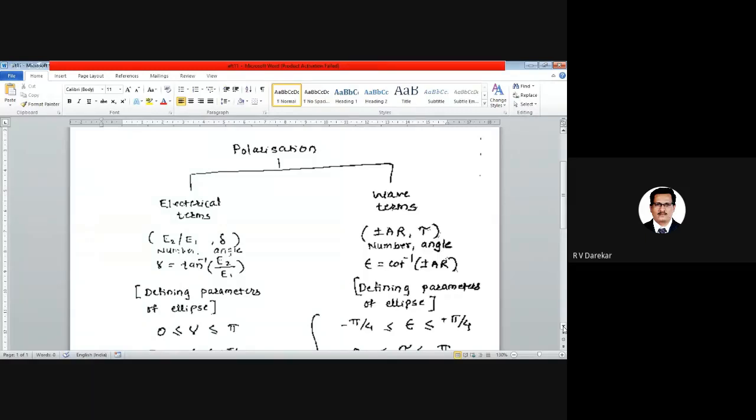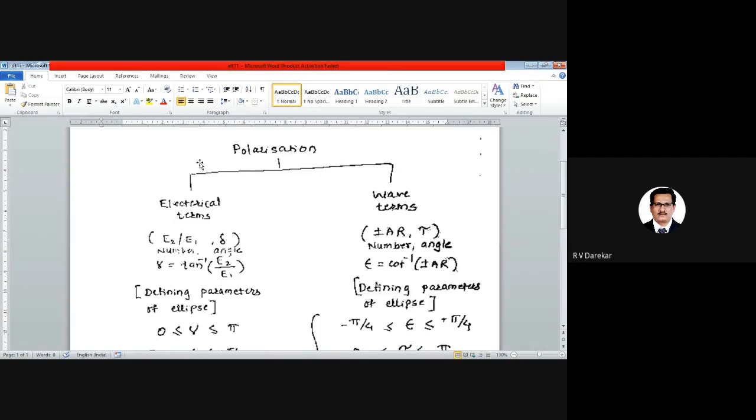The similar type of concept can also be found in internet material, YouTube, PDF, PPT. You can access a huge amount of material, but in parallel with that, here we have to understand that in case of polarization, we can divide the concept considering the electric terms as shown here, or considering the wave terms as shown here.